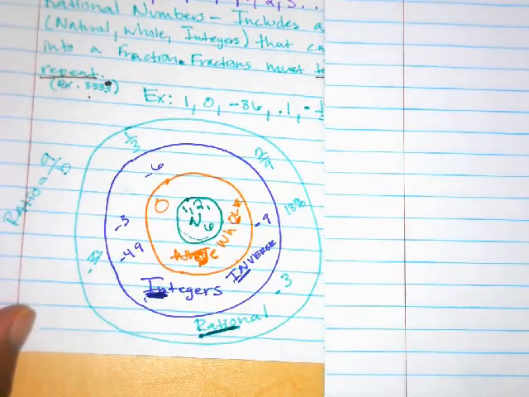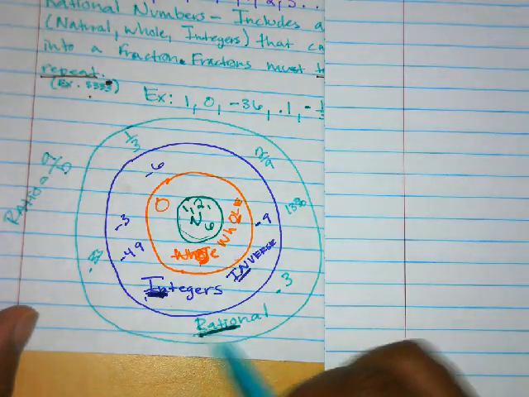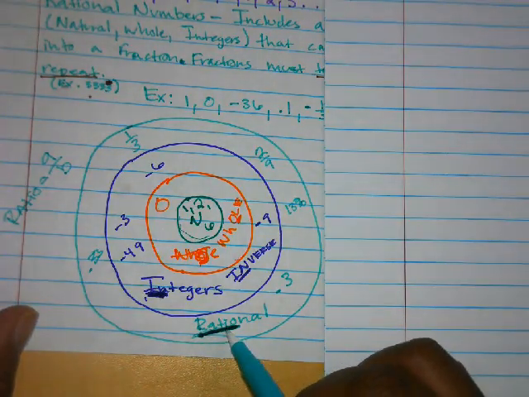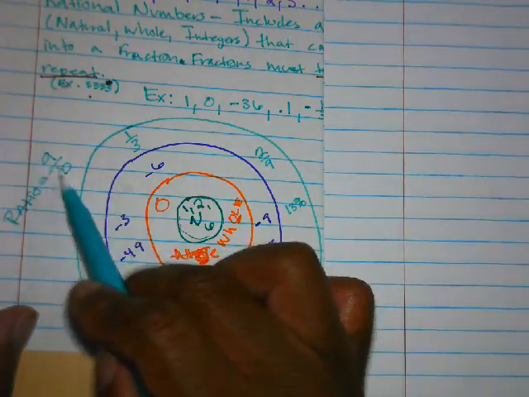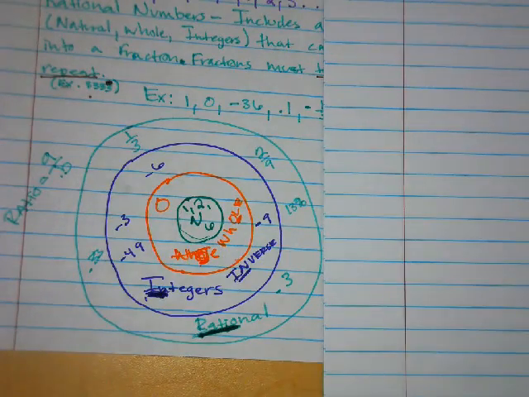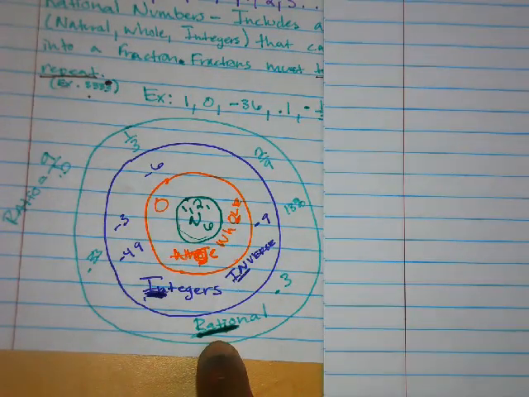Whenever we see rational, the root word in rational is ratio, which means fraction, A over B. That's important. So again, the key phrase in rational is ratio, which means fraction, any number that can be made into a fraction.